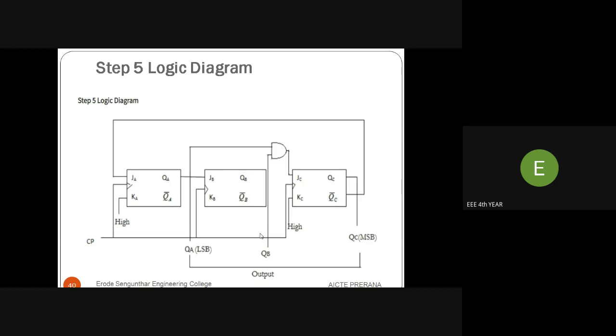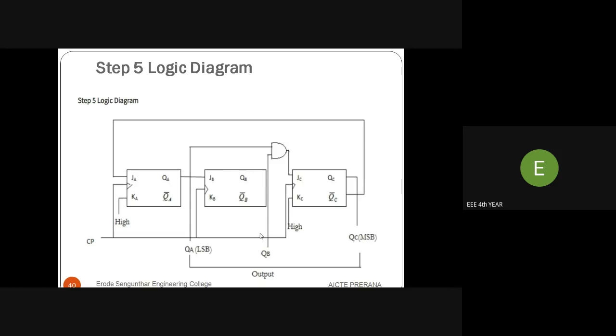Therefore, QA output is given to QB and QB output is given to QC because it is a synchronous up counter. The QC value is given back as input to QA. The first flip-flop output is directly given to the second flip-flop input.